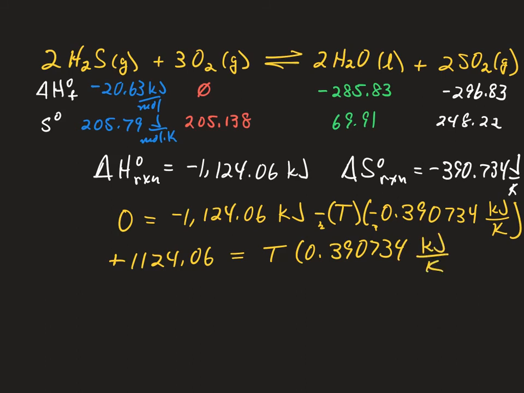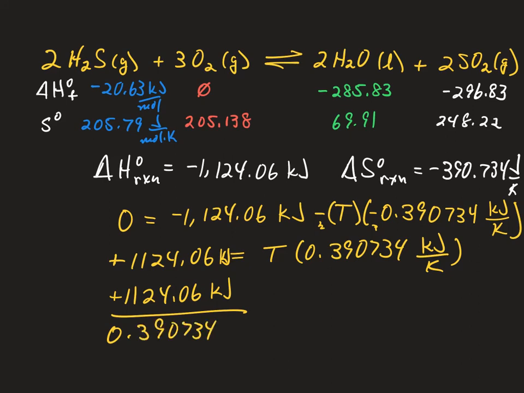This is going to be a big number. So we're going to have our plus 1,124.06 kilojoules divided by 0.390734 kilojoules per Kelvin.